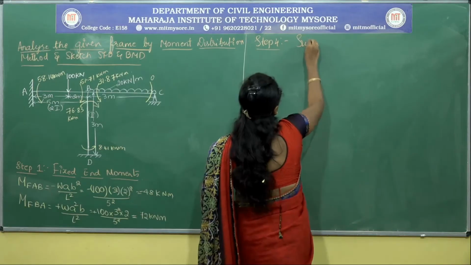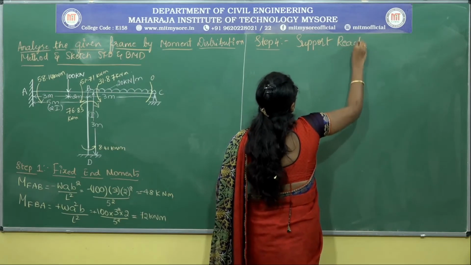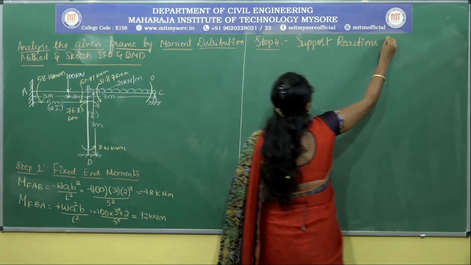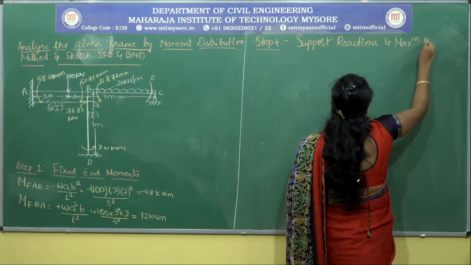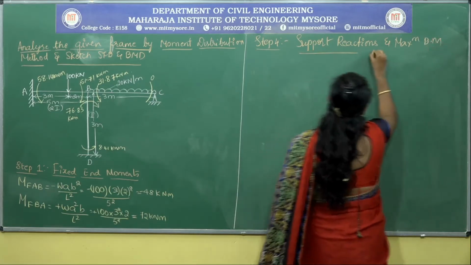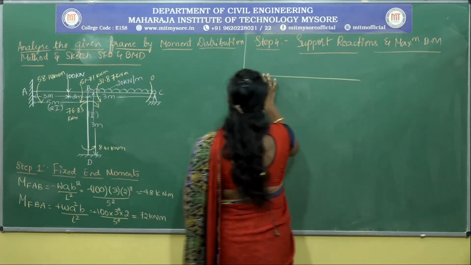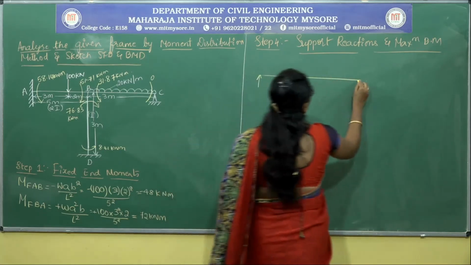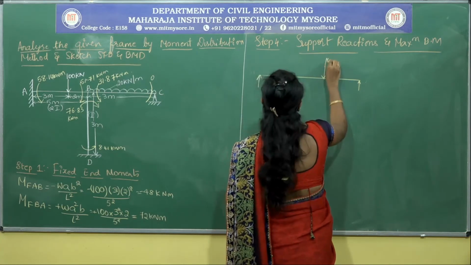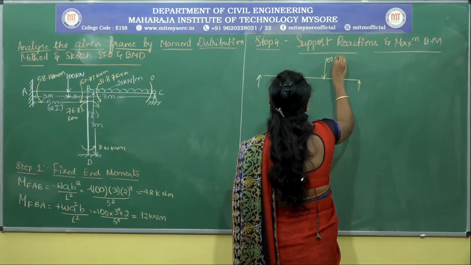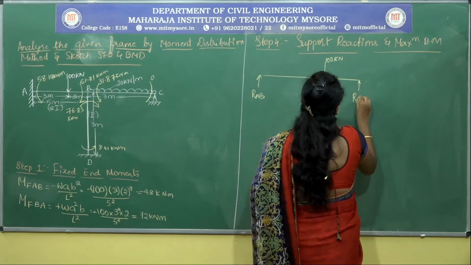Step 4, support reactions and maximum bending moment. For the span AB, for which we need to calculate the reactions at AB and BA.